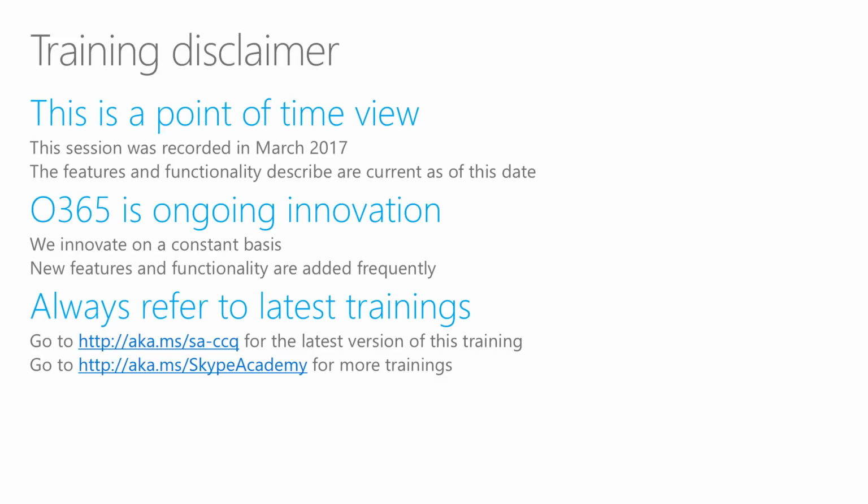Office 365 is going through an ongoing cycle of innovation. We innovate on a constant basis, which means that new features and functionality are added frequently. So to ensure you have the latest training, go to aka.ms/sa-ccq for the latest version of this training, and go to aka.ms/SkypeAcademy for more trainings.